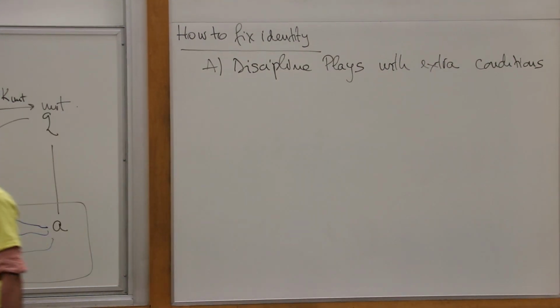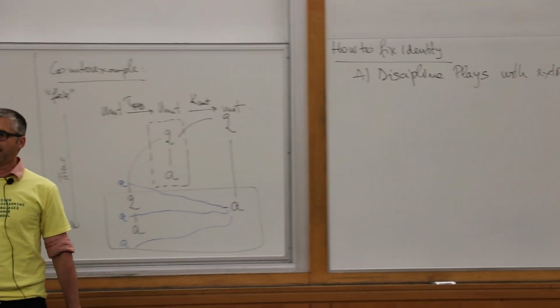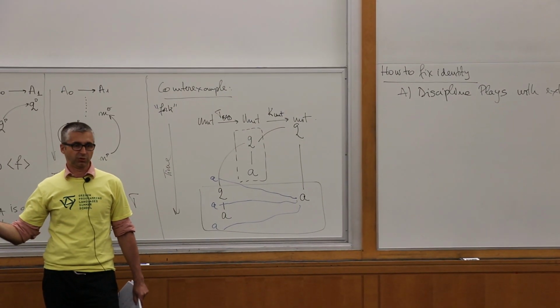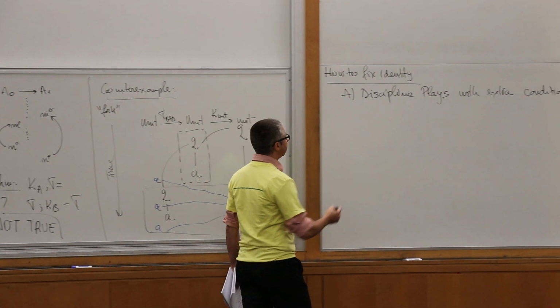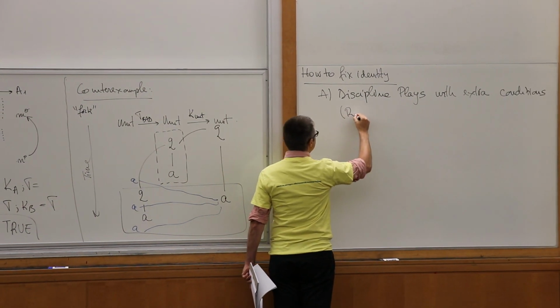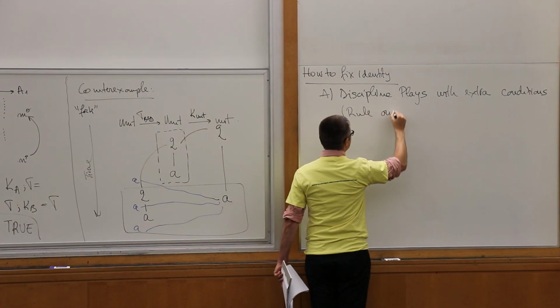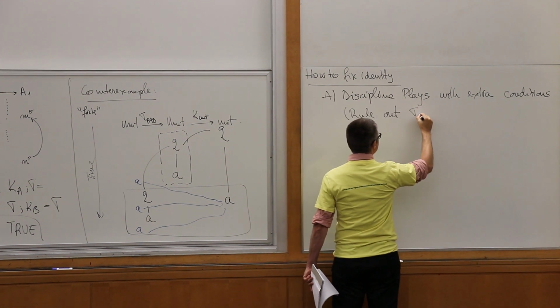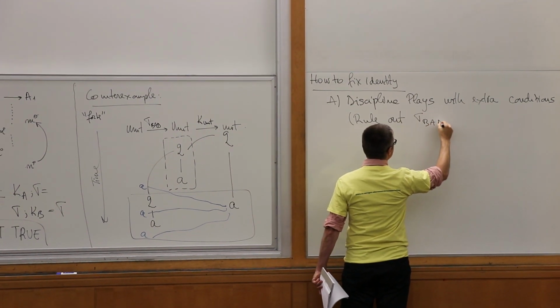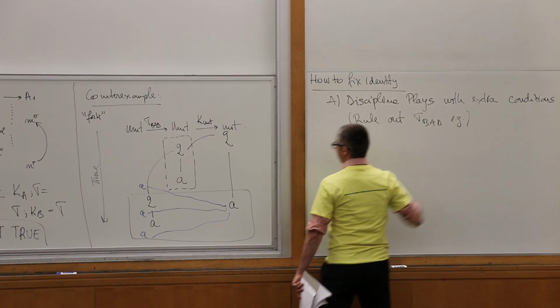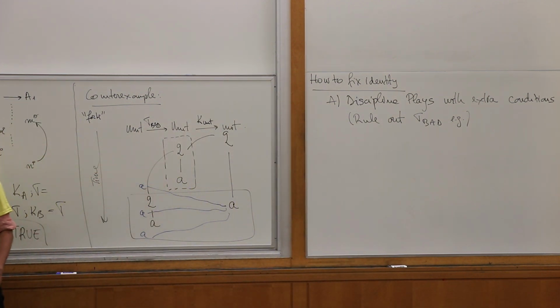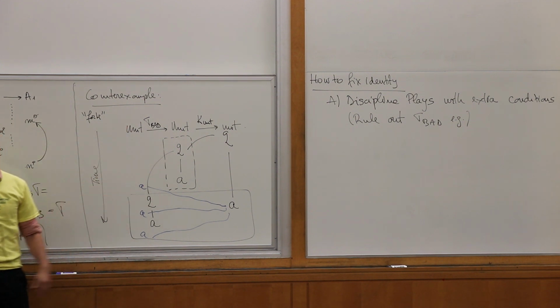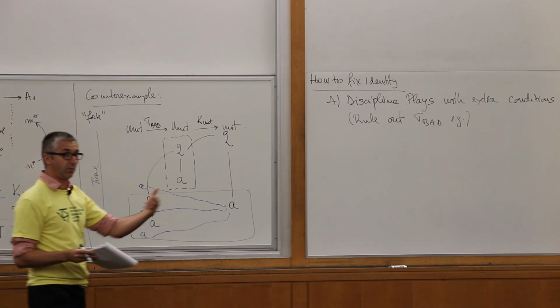Right now, the only condition that we have on play is that it has a particular justification structure. But we can add extra conditions, basically rule out things like this bad strategy. We can add some conditions to make this kind of play impossible. So we only restrict ourselves to things that compose well with identity.